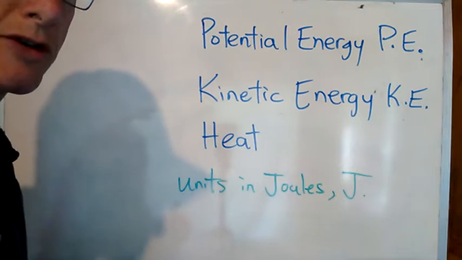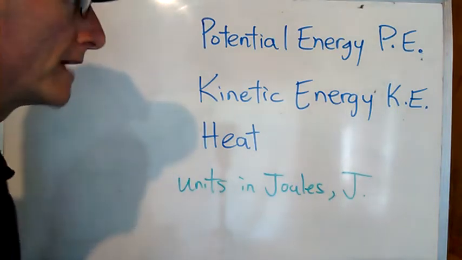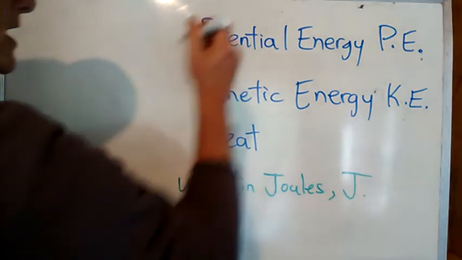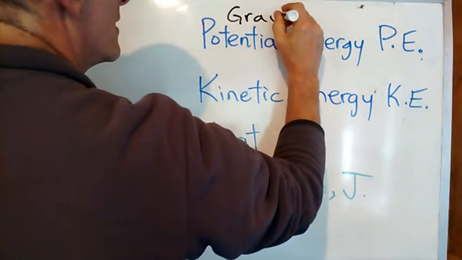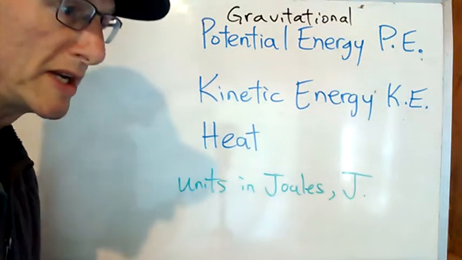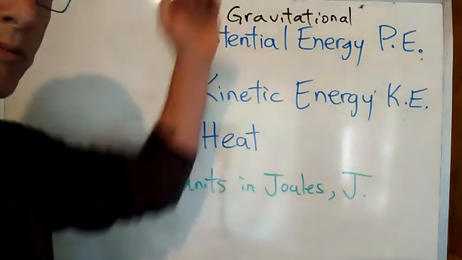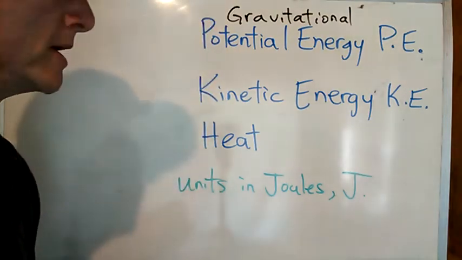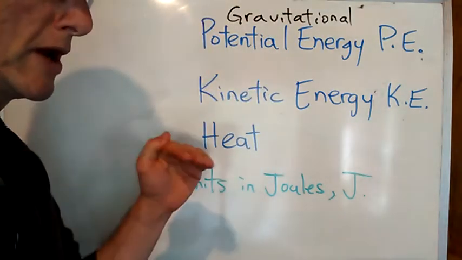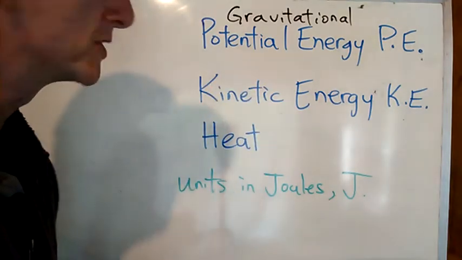The type of energy that we're looking at for potential energy in physics, at least in Physics 11, is gravitational potential energy. Gravitational potential energy is a potential energy that you have from being higher up or lower down. So depending on where you are in your height above the ground, you have the potential to damage yourself, for instance.